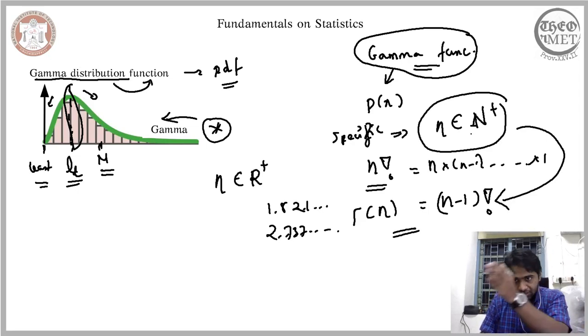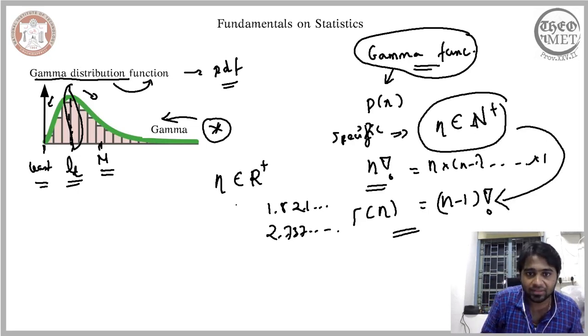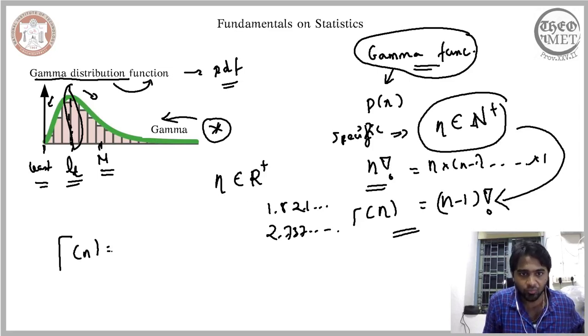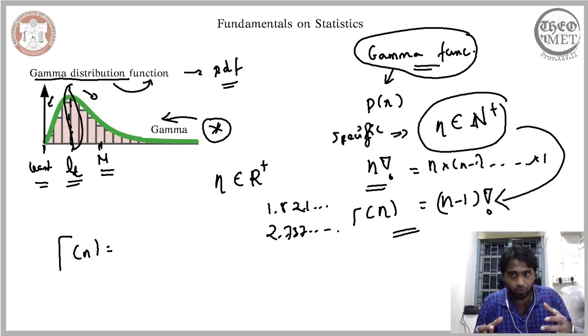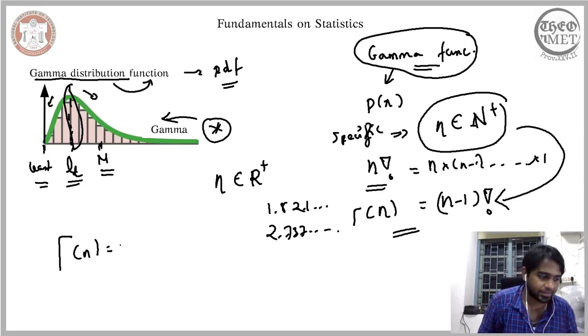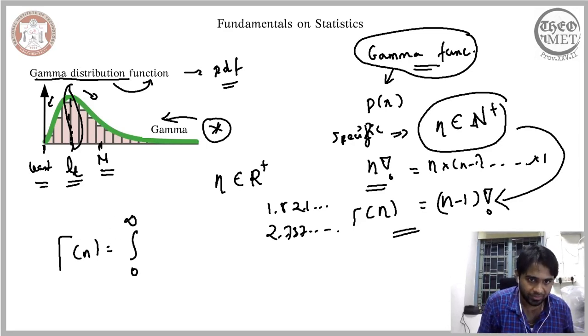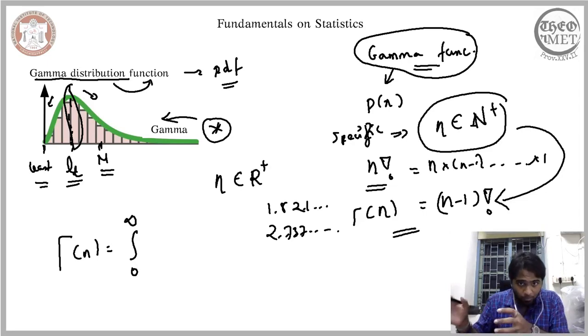On the other hand, when the variable is a positive real number, the gamma function in this case assumes a convoluted form, and it is represented by the integral from 0 to infinity, again because we are considering a variable that assumes a positive real number, like in the case of lattice parameters.